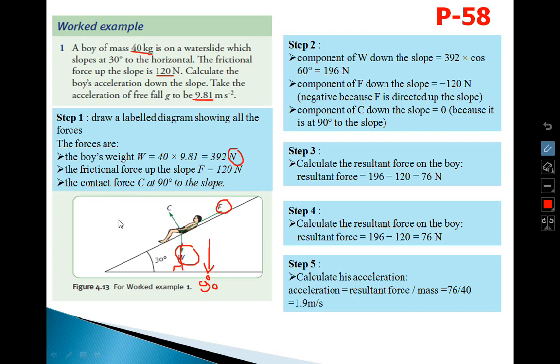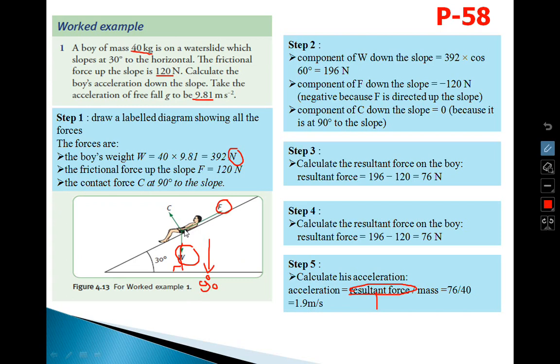As we know, acceleration is given by resultant force over mass. So we need first to find the resultant force, or the total force acting on the boy of mass 40 kg.